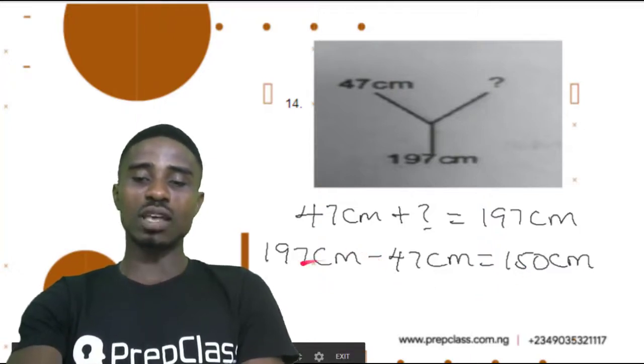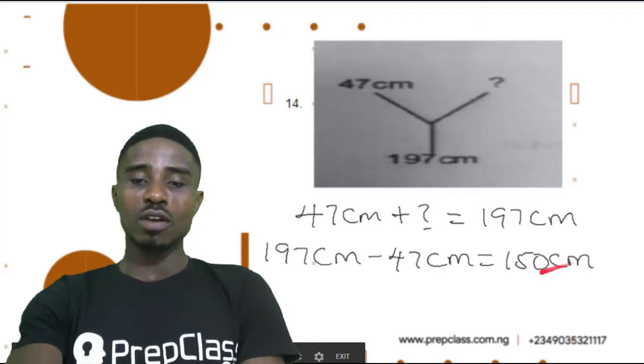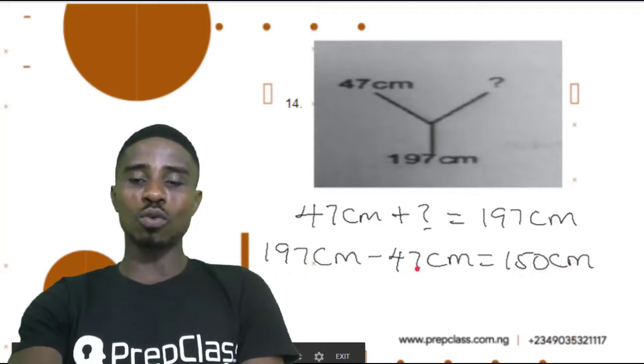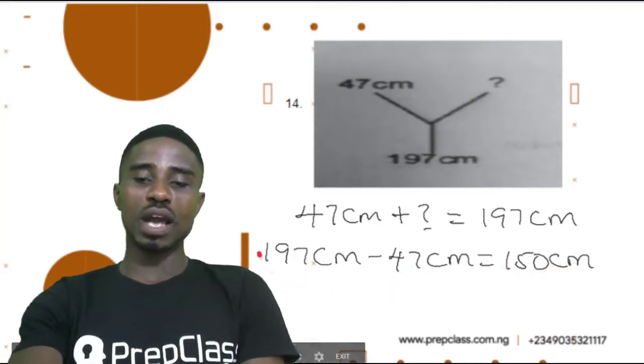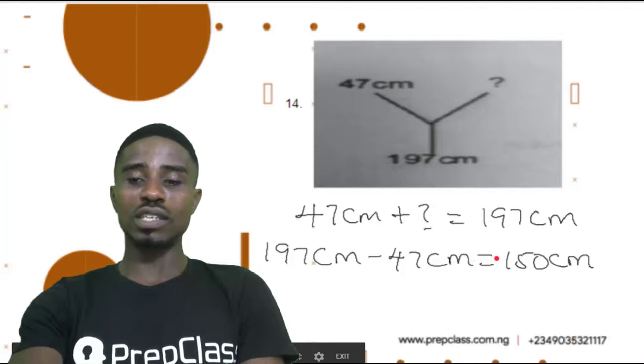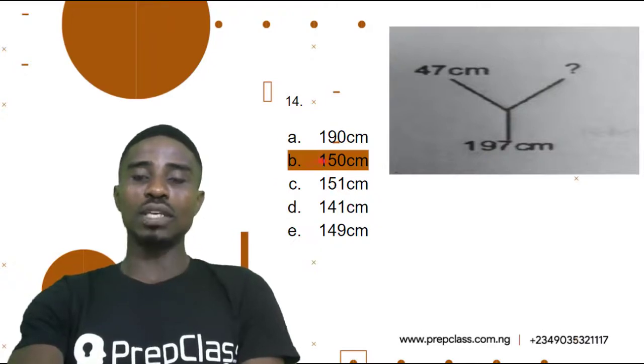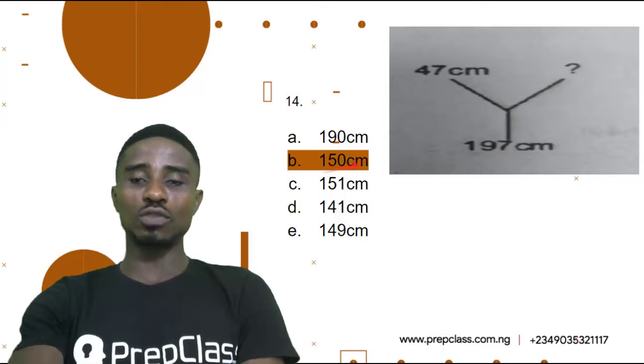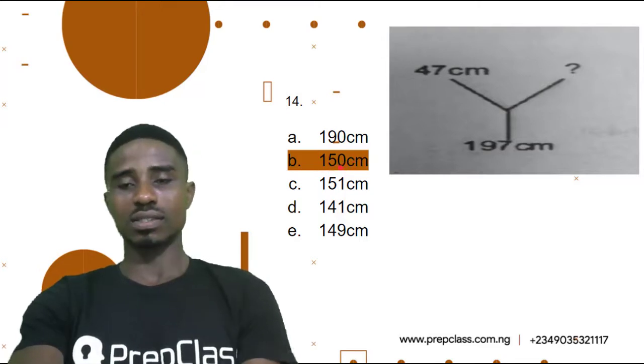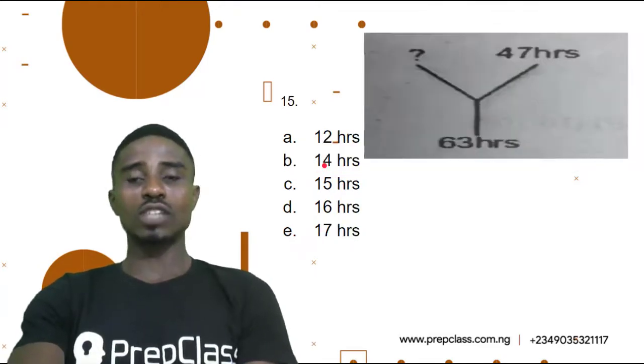Because 7 minus 7 will give us 0. 9 minus 4 will give us 5. Then we'll bring down 1, and that will be 150 centimeter as our correct answer. Let's check it out. Option B for question 14 is our correct answer, 150 centimeters. Let's look at the next question.